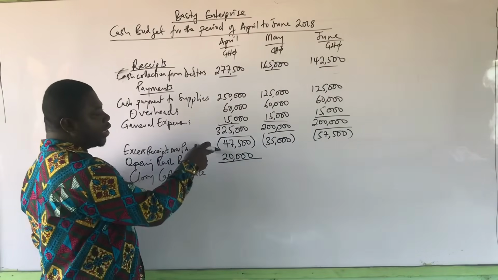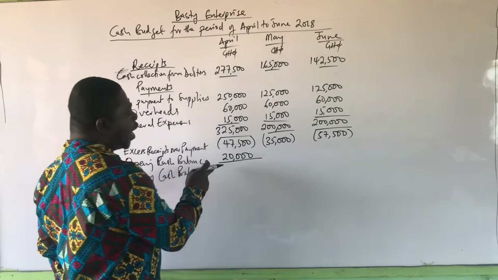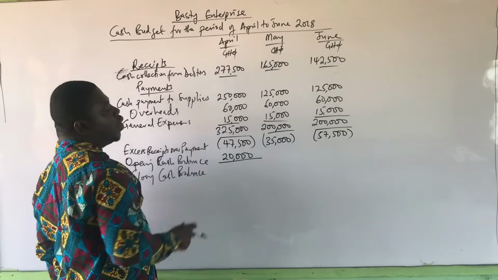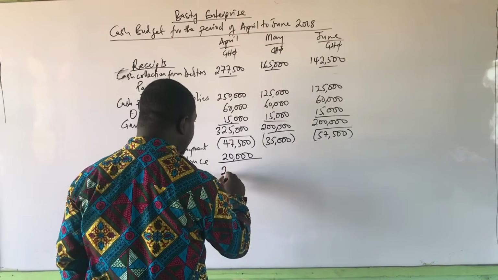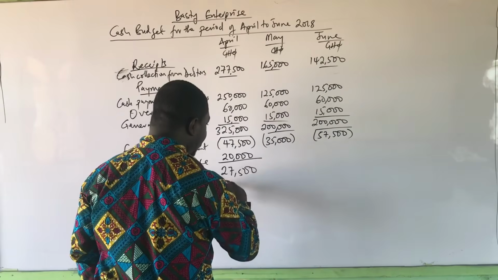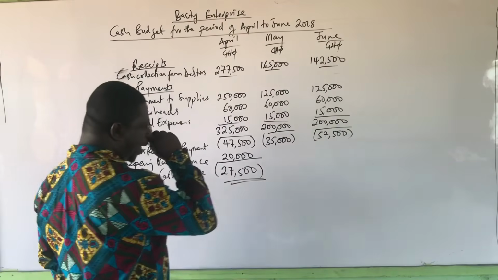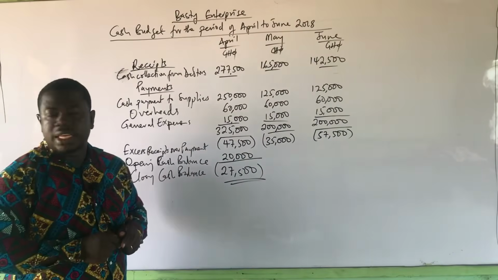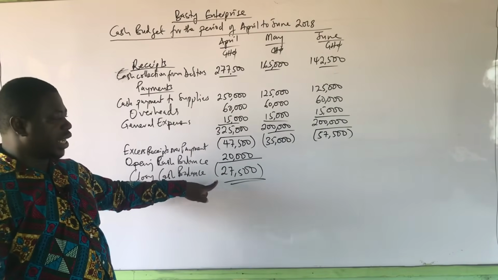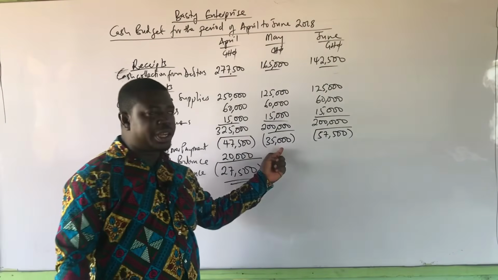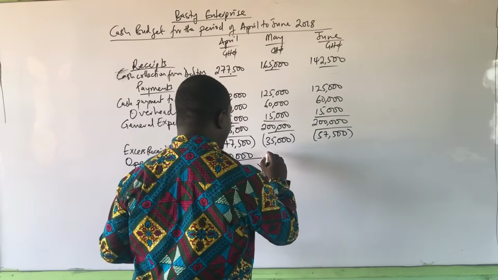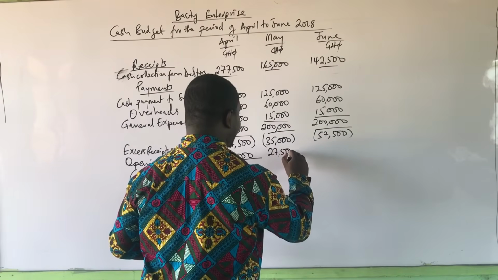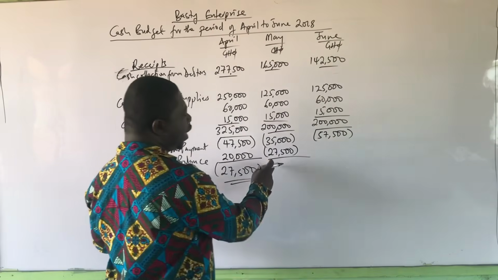So we are going to add to the difference. And so if you add a positive 20,000 to a negative 47,500, you are going to have a negative of 27,500. You do a double underline. So that is a negative balance. Now the closing balance for April is now negative, but it will become the opening balance for May, like I taught you in the part 1. And so we are going to bring 27,500 here in brackets. And so negative, negative.